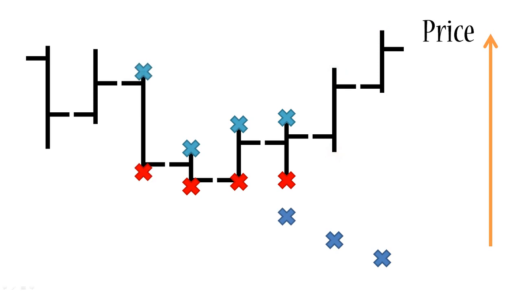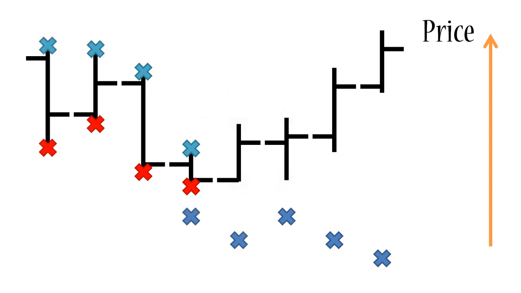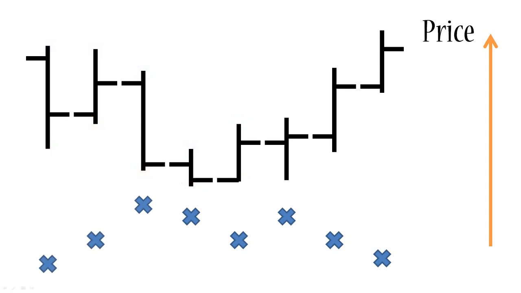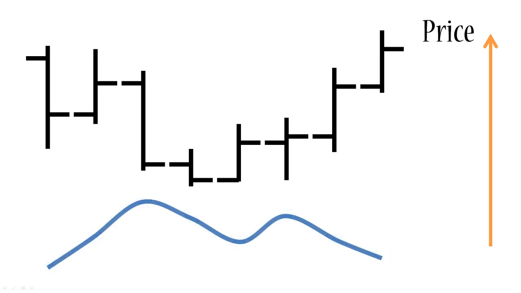Let's do that again. Once more, we've got 4 bars, we've got the average true range plotted under the last of the 4 bars. We can do that again and again, and so on. We just keep going as far left as we want to, and we get all these little crosses at the bottom. So now what we're going to do is connect the crosses with a line, and that's what it looks like.